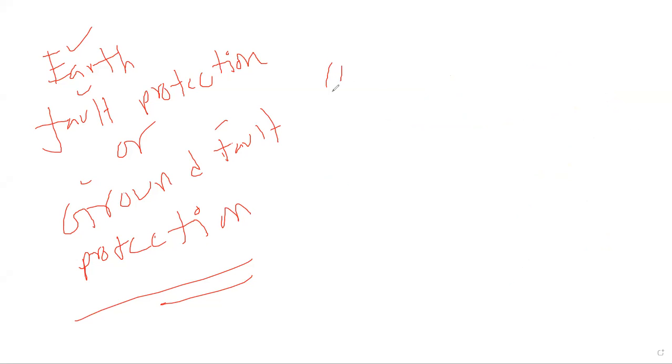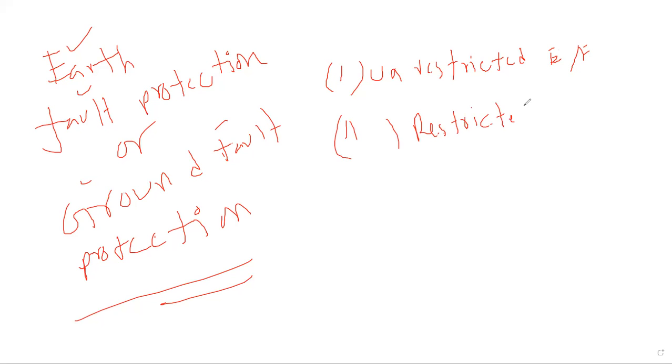One is called unrestricted earth fault protection, and another is called restricted earth fault protection. Let us discuss unrestricted earth fault protection first. We'll start from here, then we'll move on to restricted earth fault protection so that you can understand the difference between these two schemes.